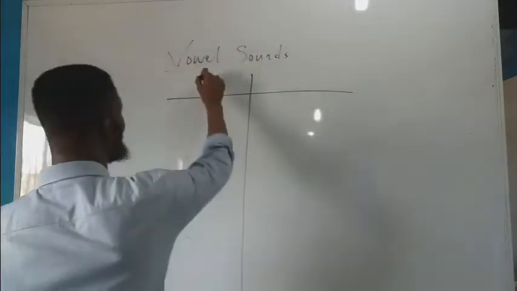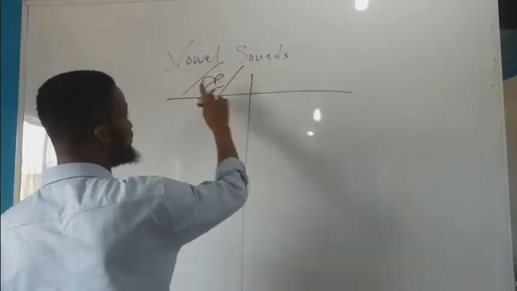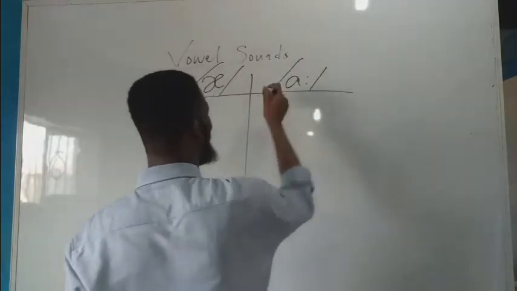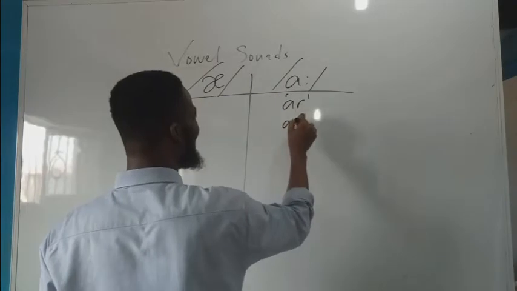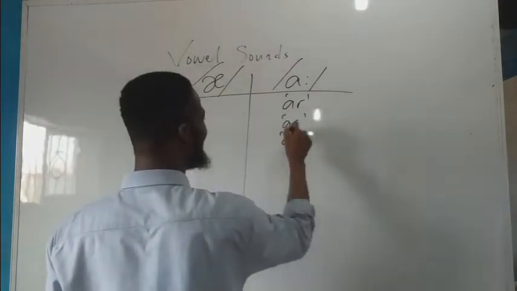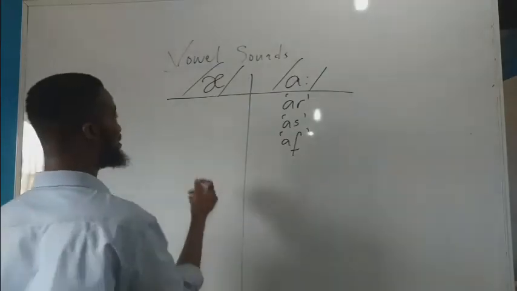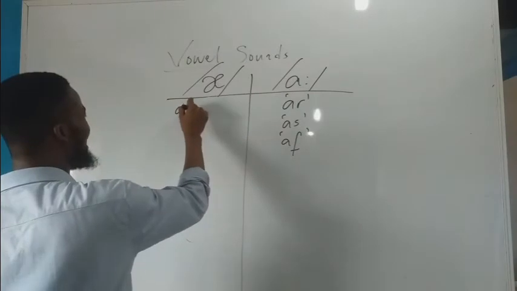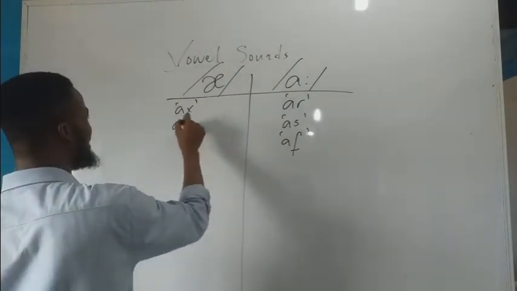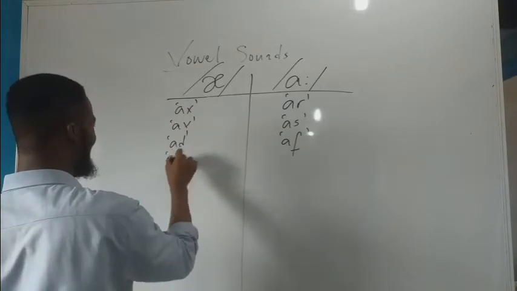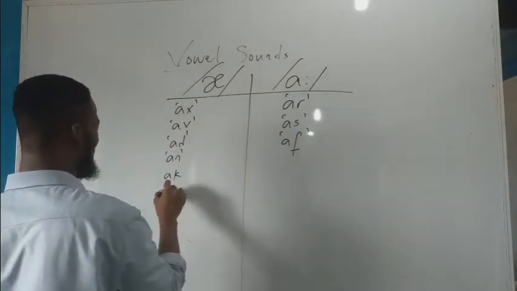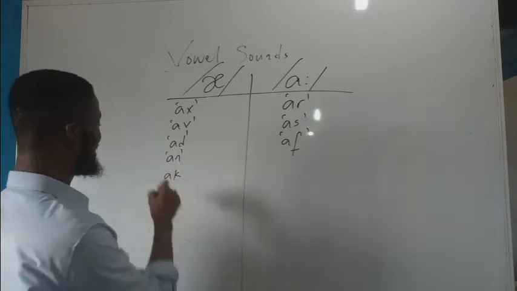This is for the short A sound, and this one is the long one. AR or AS or AF always give us a long A sound. But once you have AX, AV, AD, AN, AK, or ACK, the sounds are going to get short.